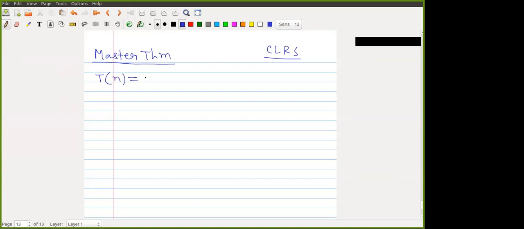There are several variants of the theorem. They are more or less the same, but there are some slight changes here and there.